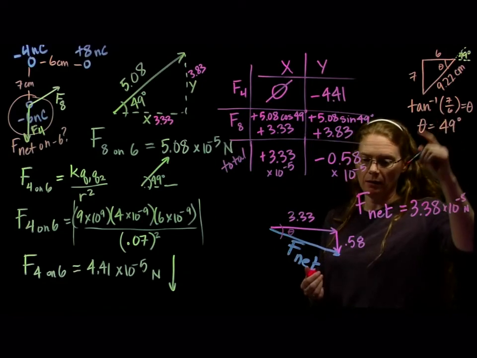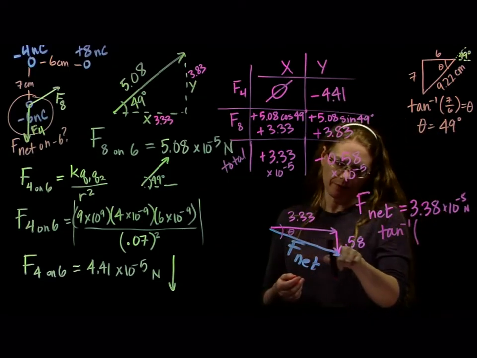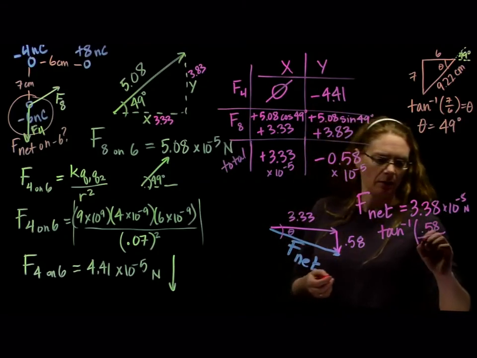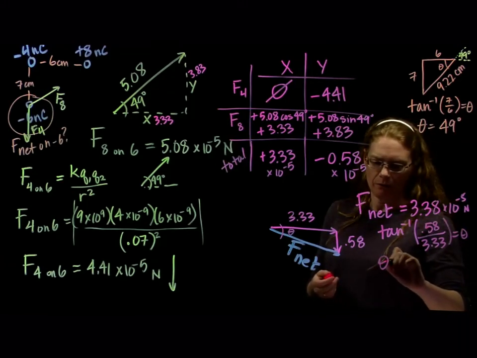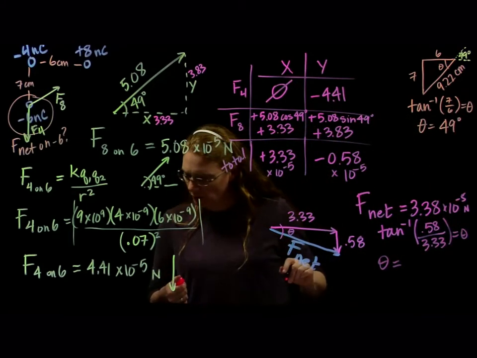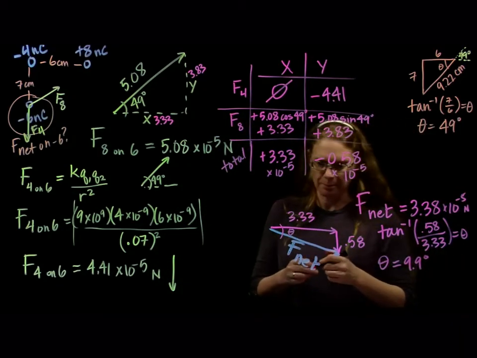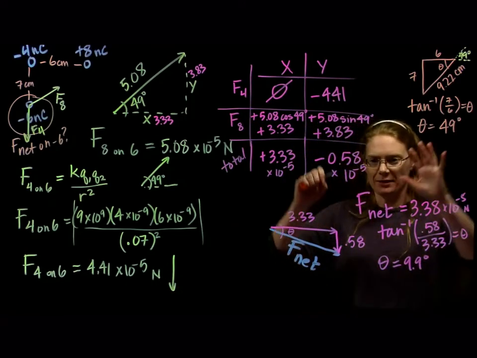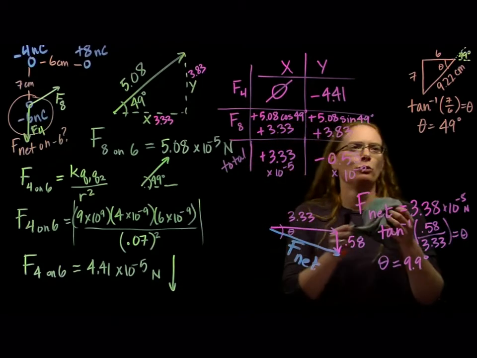Just like here, I'm going to do the inverse tangent of opposite, 0.58, over adjacent, 3.33. That's going to give me my angle. If you calculate that, you get 9.9 degrees. Okay, don't stop here. I want the answer in a nice, clean format, and I have no room.